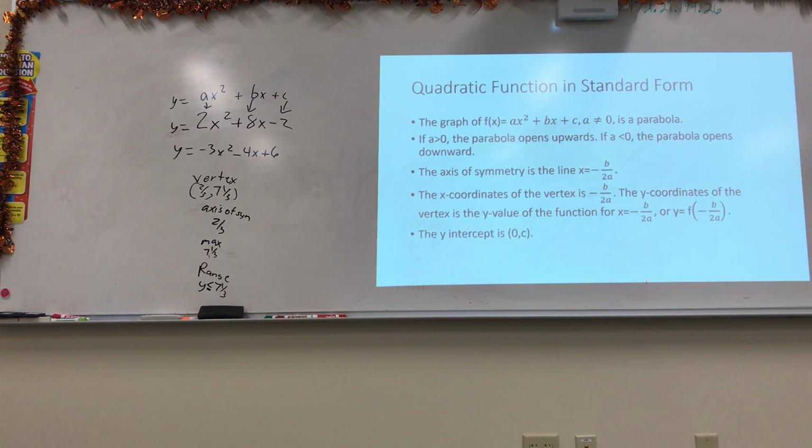Obviously, our x value going through the vertex is usually our line of symmetry. The y-coordinate of the vertex is the y value of the function for x equals negative b over 2a, or y equals f of negative b over 2a.